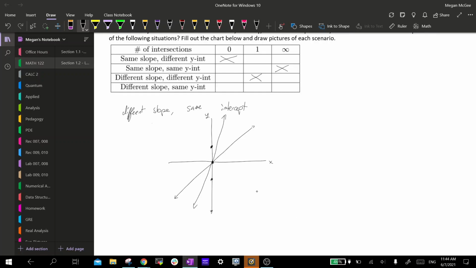So of course it's going to touch at exactly that intercept. All right, what about this direction? Different slope, same intercept. Of course it's going to intersect, so this will also intersect. All right, so we have now successfully filled out this chart.